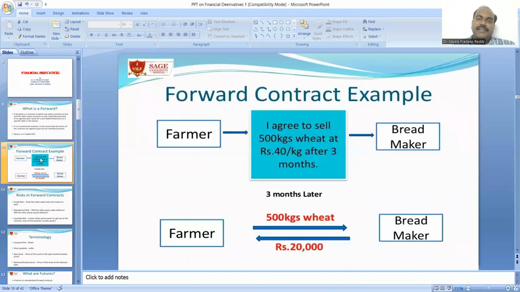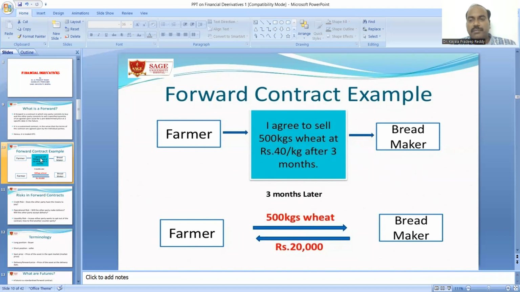Let us see an example here. The farmer is agreeing to sell 500 kgs of wheat at rupees 40 per kg after 3 months, and the bread maker will be purchasing after 3 months.